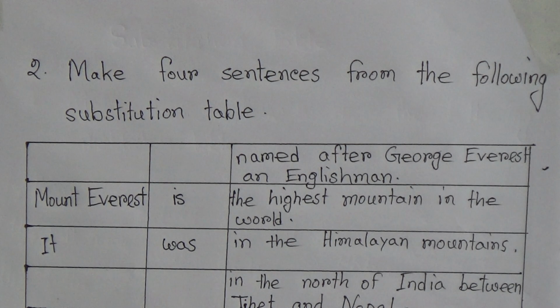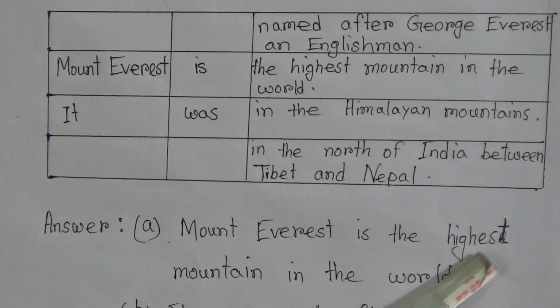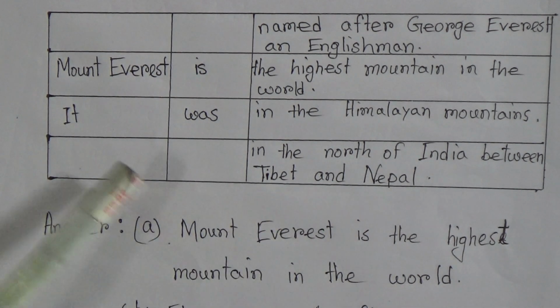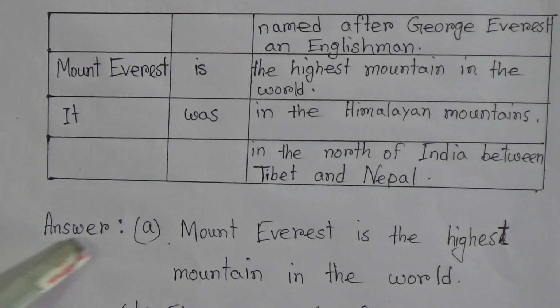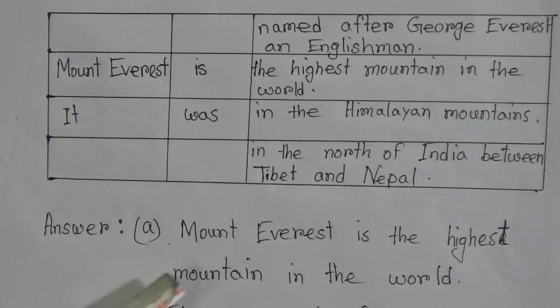Number A. Mount Everest is the highest mountain in the world. Obviously, in the first sentence we will give the introduction about Mount Everest, and it is in the present tense.